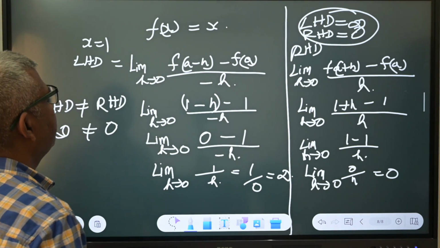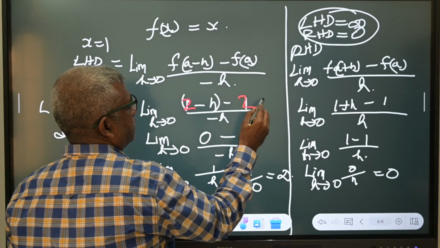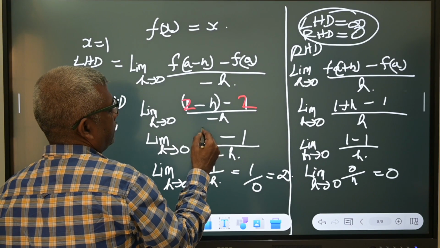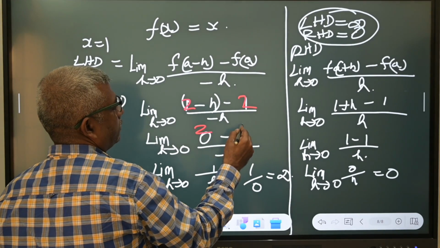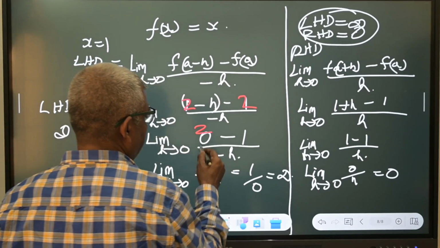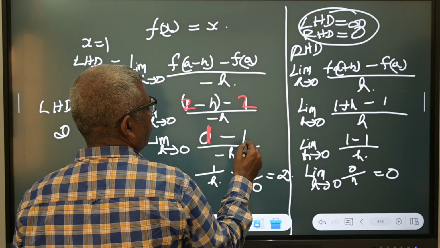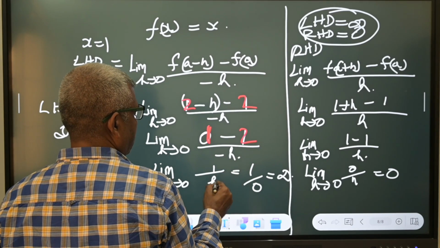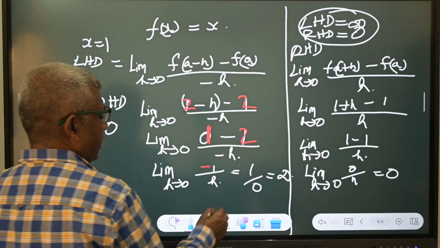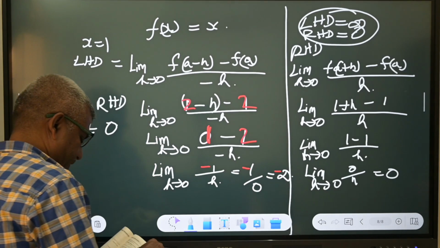Left hand side derivative, it will be 2 minus h, a is 2, 2 minus h will be, if h is 0.1, so 1.9. 1.9 means this will be 1. So 1 minus 2, so minus 1 by h, so it will be minus 1 by 0, so it will be minus infinity.